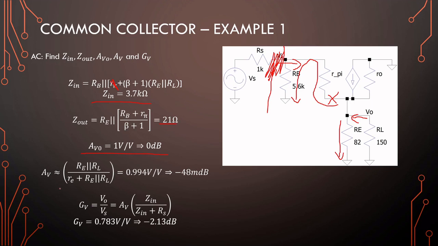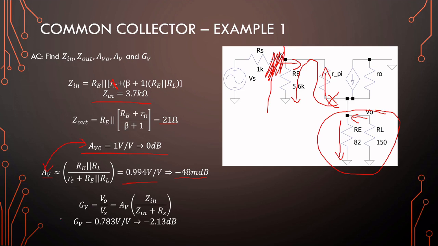Okay, determining AV. We take what we see at the load and we just do a voltage divider with the Re value that we are seeing looking into our amplifier. And that is 0.994 volts per volt for this problem, which is in the millidecibel range. So there is almost no loss.